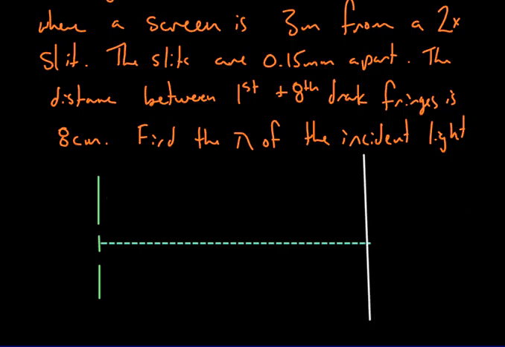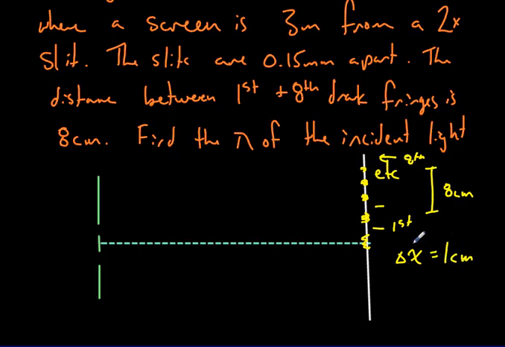Okay, so then we have our whole fringe pattern over here. And we know from the first dark to the 8th dark that difference is 8 centimeters. So what we must know then is that delta x, the difference between this one and this one, should be equal to 1 centimeter. Okay?